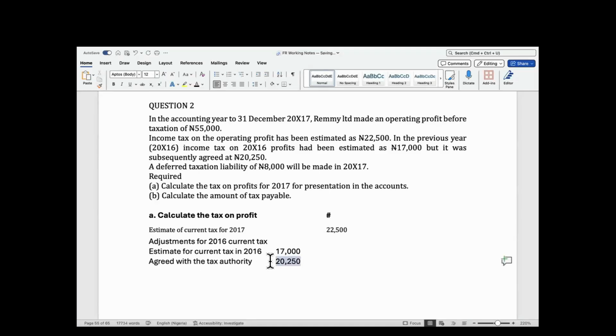In this case, do we have an overestimation for tax or an underestimation for tax? We have an underestimation for tax, which is a debit. Olamilekon told us that time that we debit this to P&L. That's why it's always added. And we're going to credit bank. So we'll have 3,250, which means that our income tax expense that goes to P&L for 2017 is the addition of these two, which is 25,750.